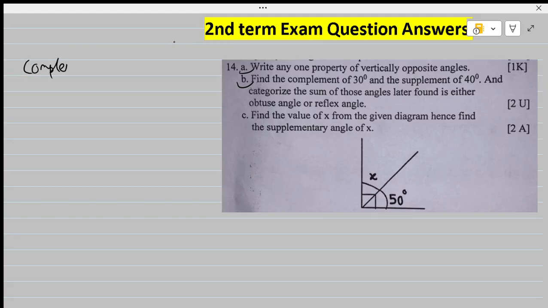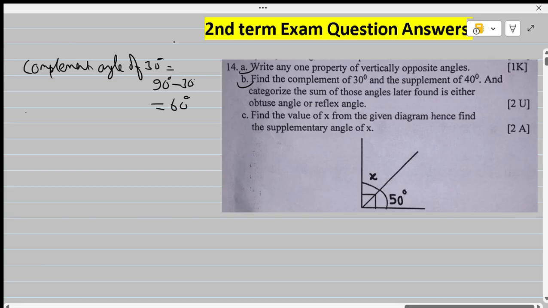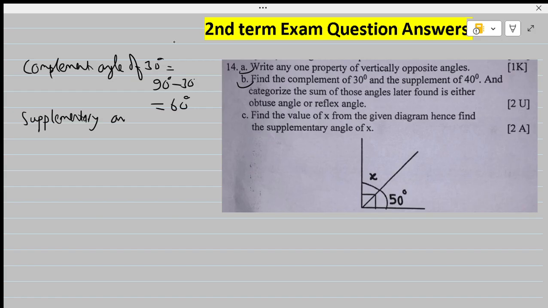So first we find the complement angle of 30 degree, and for that you have to subtract 30 from 90, so you get 60 degree, is it? And then next you have to find the supplementary angle of 40 degree.